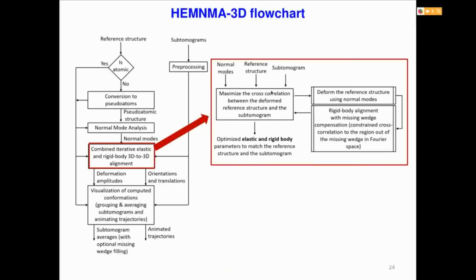So we are deforming the reference structure using normal modes and then performing rigid body alignment with the subtomogram with missing wedge compensation, which means that we are maximizing the cross correlation between the deformed reference structure and the subtomogram only in the region where we have data in the Fourier space, not in the missing wedge region.